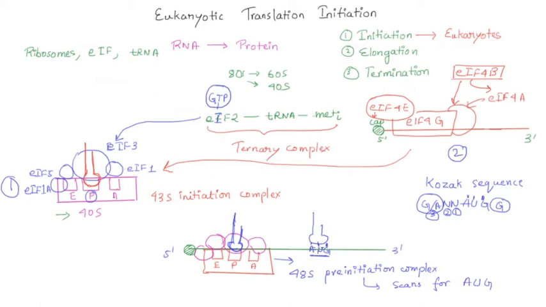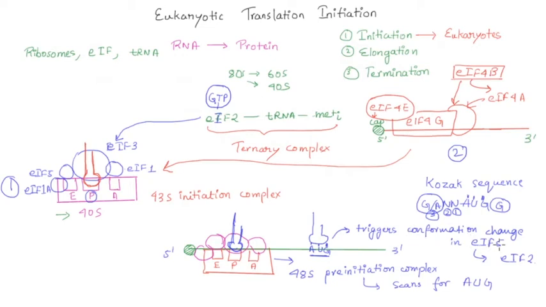EIF5. This binding triggers a conformation change in EIF5. Now, since the conformation of EIF5 is changed, this conformation change stimulates the EIF2, which had brought the initiator tRNA into the complex.